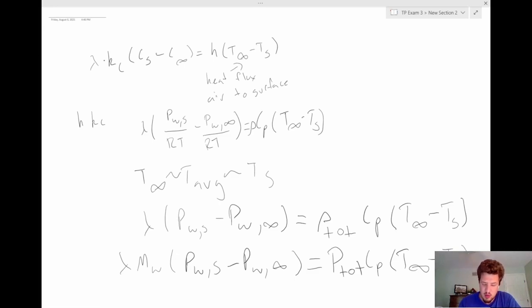Now you'll notice, I don't think I mentioned this earlier, rho can be converted into the total pressure of the system, and now that is all we have for converting this into an energy balance for the Lewis relation.